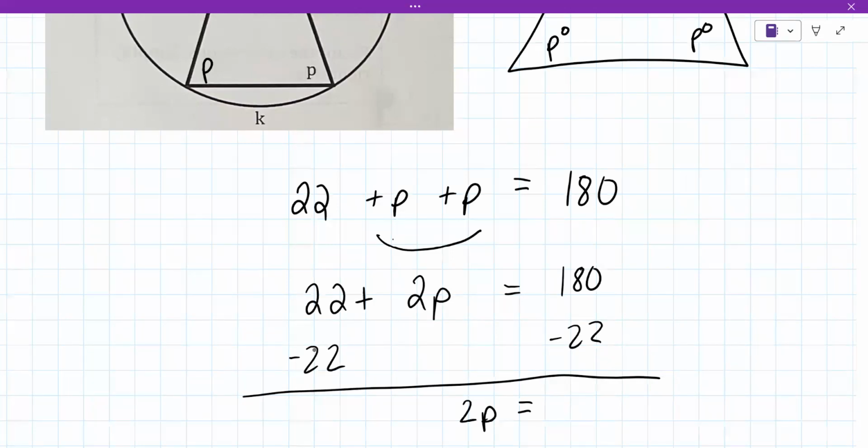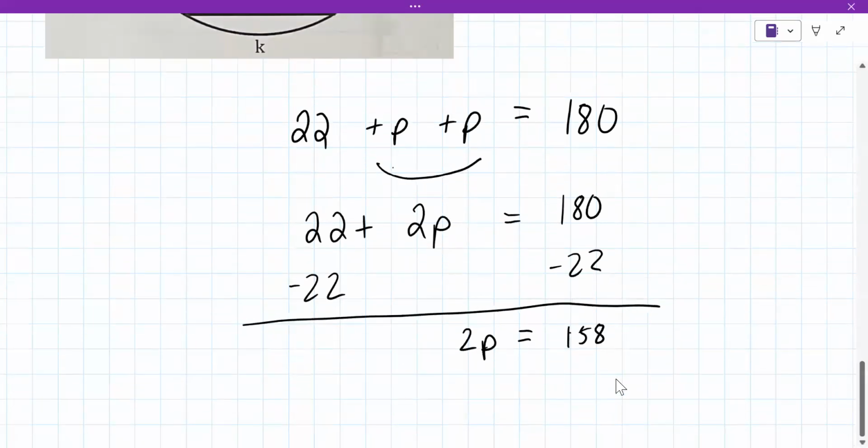Two P equals 158. Okay, and then divide.